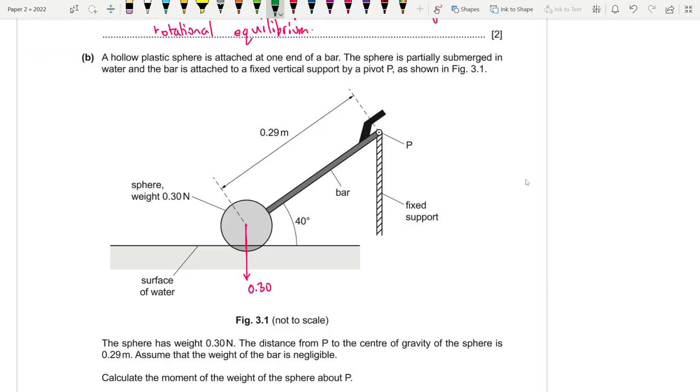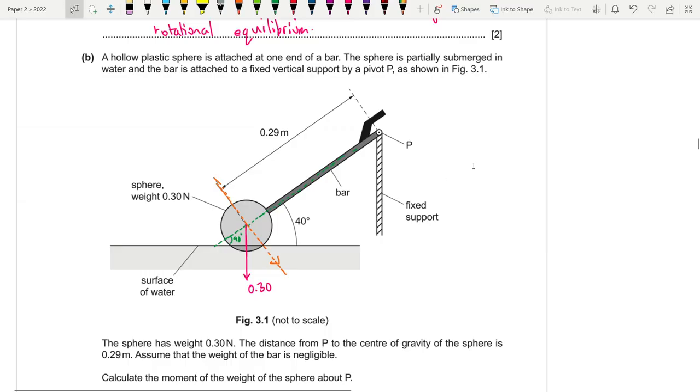If we draw this line from the pivot, this angle is 40 degrees. Now if I draw a line like this, this weight has a component along the orange line, which is 0.30.